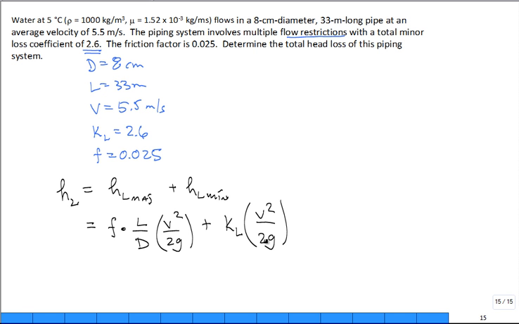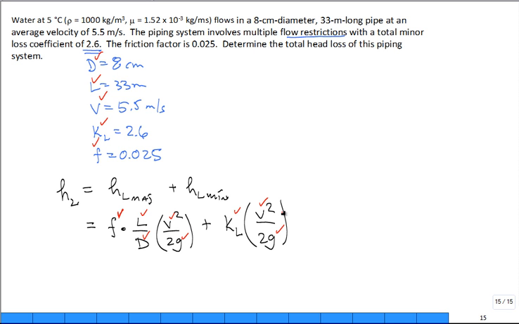So we know this friction factor. We know the length. We know the diameter. We know the speed. g we know. The loss coefficient we know. The speed and g we know. True?